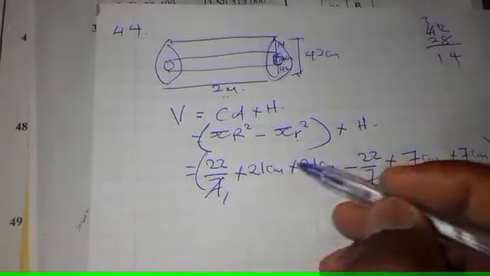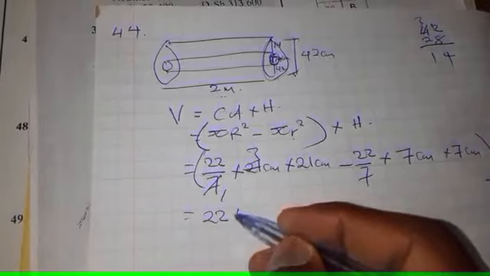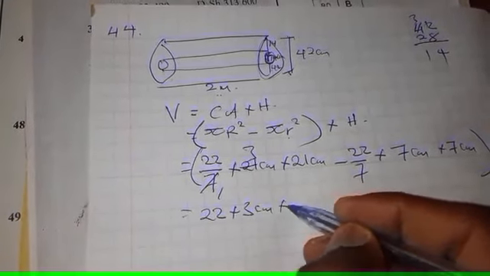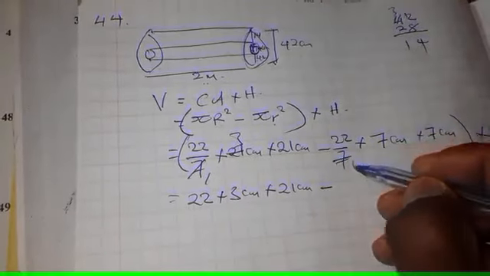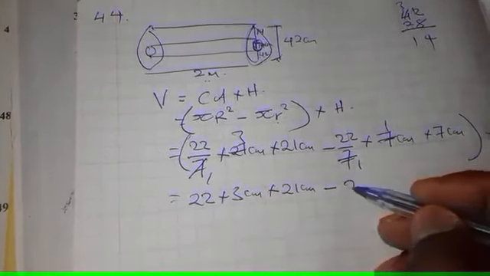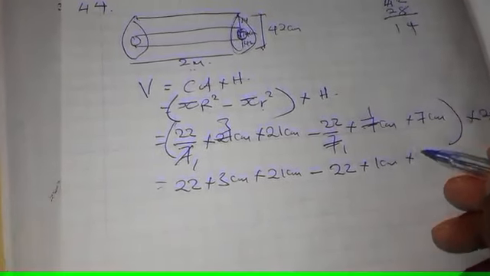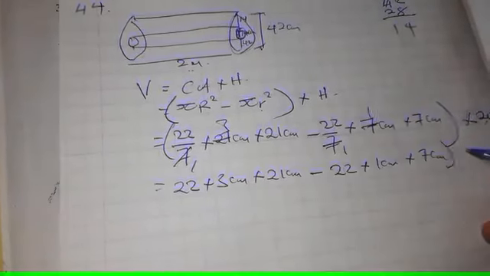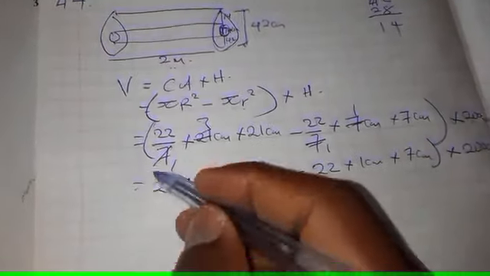So 7 into 7 is 1, 7 into 21 is 3. So we have 22 times 3 centimeters times 21 centimeters, minus 22 times 1 centimeter times 7 centimeters, multiplied by 200 centimeters.